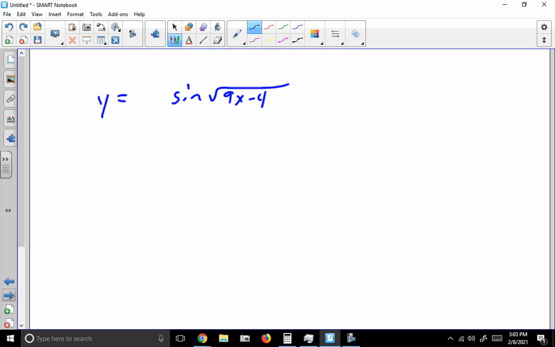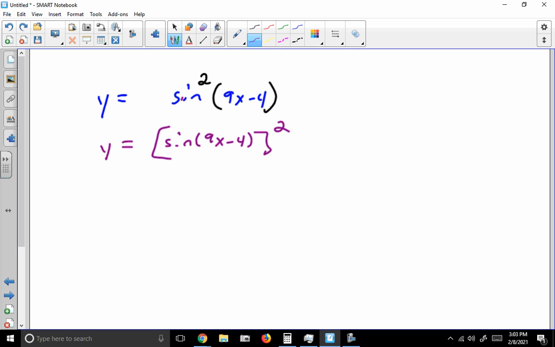So let's do one more. And instead of doing this one, let's change this a little bit. Let's do this. So what is this? Sine squared means sine times itself. The input to sine is 9x minus 4. So when we square that, we really mean this.